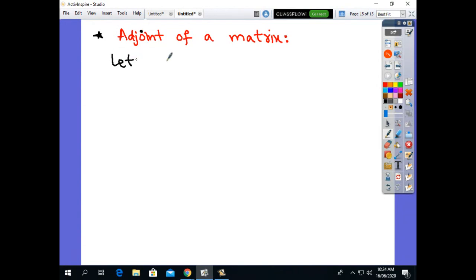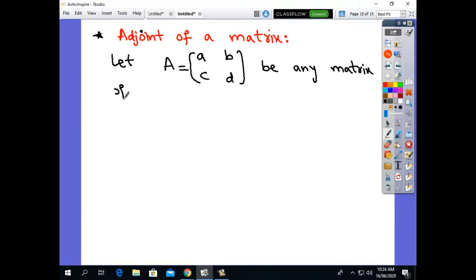Let A = [a, b; c, d] be any matrix of order 2 cross 2.